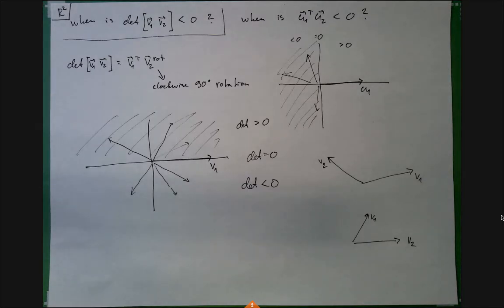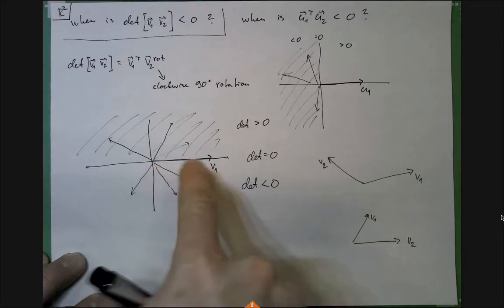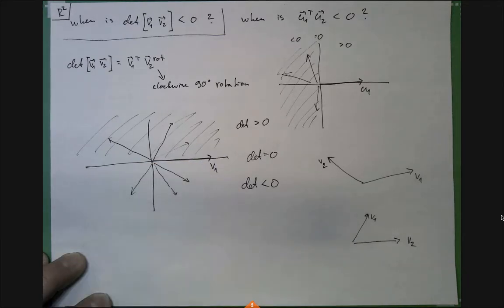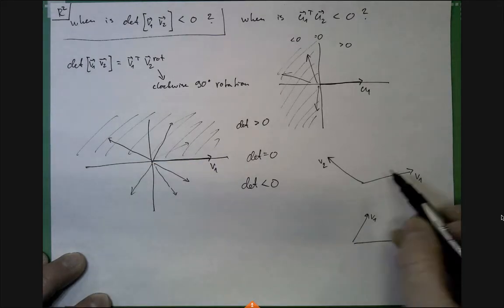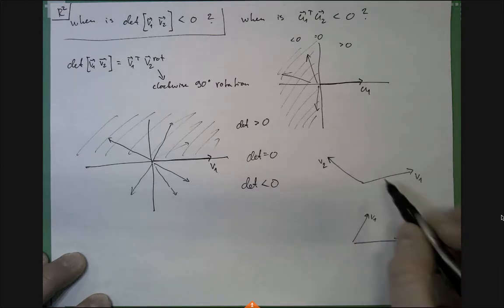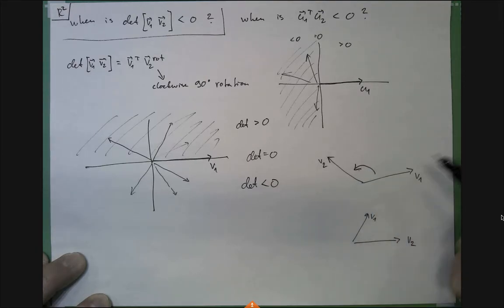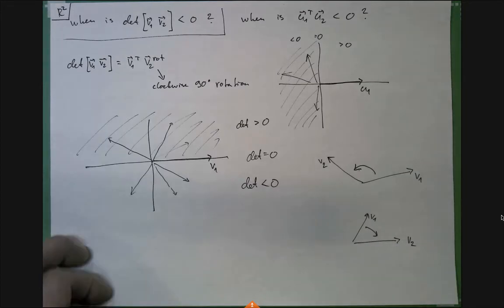Negative, because you have to rotate this so that v1 comes here, and here we go to the negative part. So the rule is, if the shortest rotation which rotates v1 onto v2 is anti-clockwise, then the determinant is positive. And if the shortest rotation that brings v1 onto v2 is clockwise, then the determinant is negative.